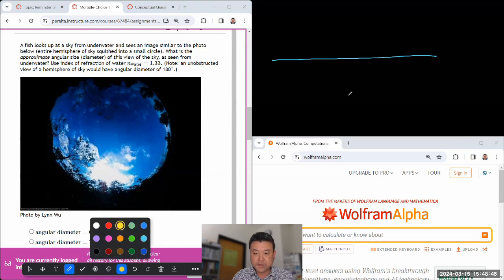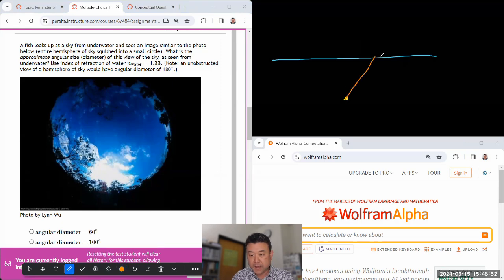I'm an observer down here looking up, and there will be certain angles of light where as it hits here, it's at the critical angle, goes like that. Critical angle goes like that. Or, you can reverse the direction and imagine this as incoming light to the observer who's here.